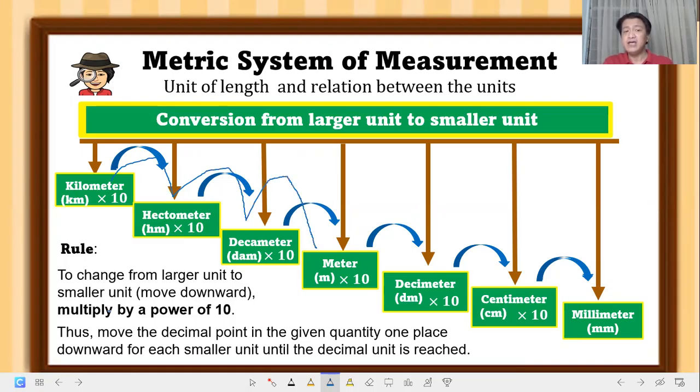Okay. 3 meaning to say base 10 power, remember 10 raised to 3. Equivalent po is 1,000. Kaya nga magmumultiply ka ng 1,000 kasi 10 raised to 3, 3 kasi ang minove natin. Yun yung ibig sabihin ng move the decimal point in the given quantity one place downward for each smaller unit. Okay? Susundan natin yung arrow. Hindi ka pwedeng pabalik, no? Iba naman rule yon.